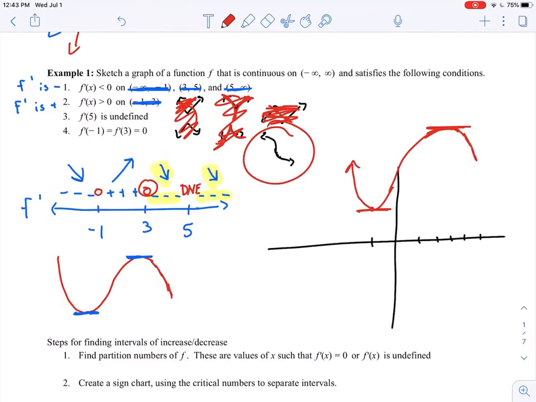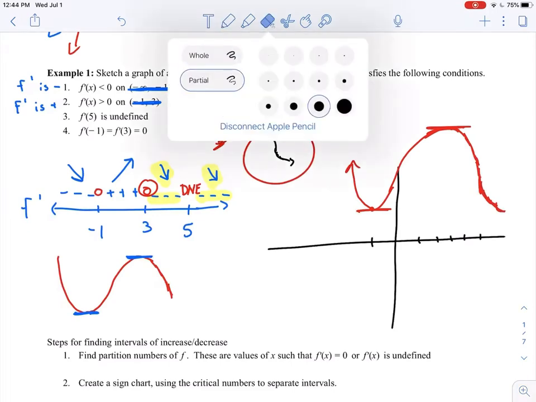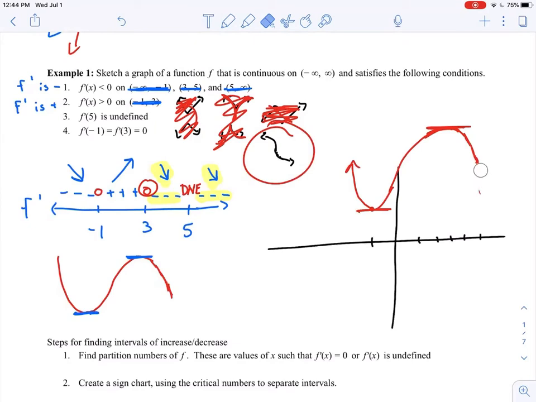So what's going to happen on my graph at this point is my graph is going to have that horizontal tangent line right at 5. And then afterwards it needs to kind of level back out. It's still going to be decreasing, and actually I think I can do a little bit of a better job drawing that in.